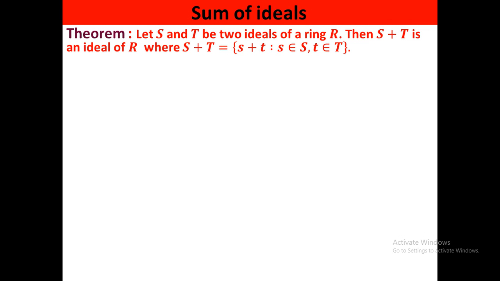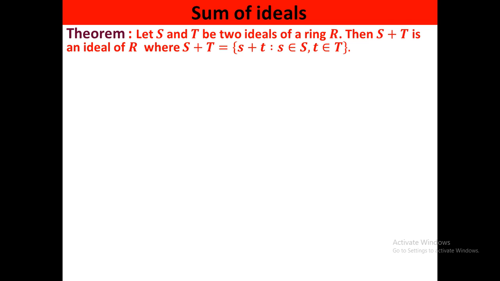Suppose small r is an element of R, and suppose a is an element of S plus T. Then you have to calculate r dot a and a dot r both, and then you have to show that r dot a and a dot r both belong to S plus T. Then both conditions for an ideal will be satisfied, and hence you can conclude that S plus T is also an ideal of the ring R.